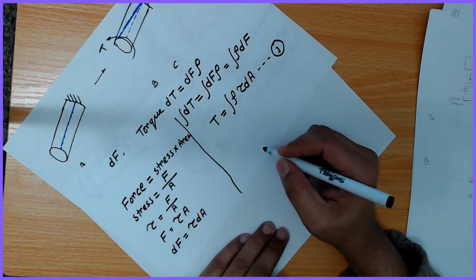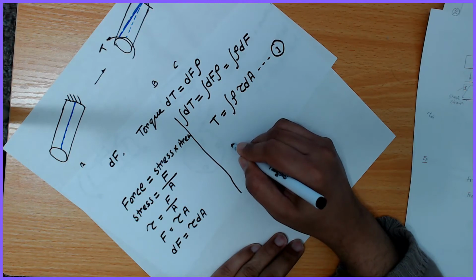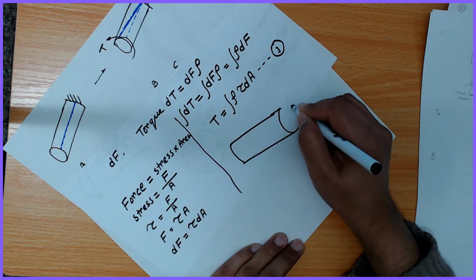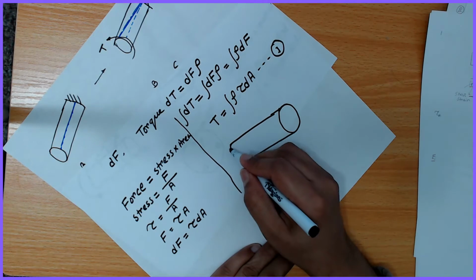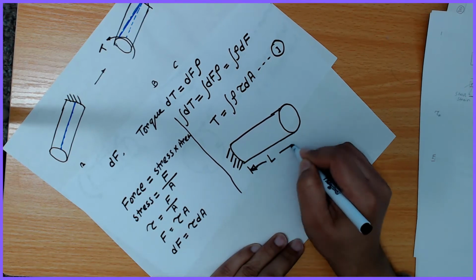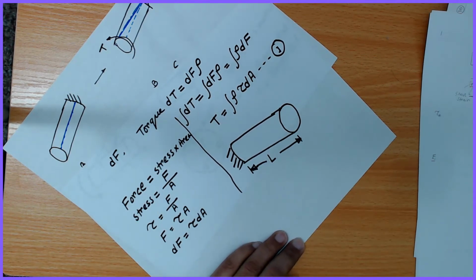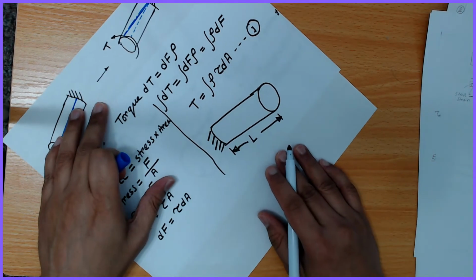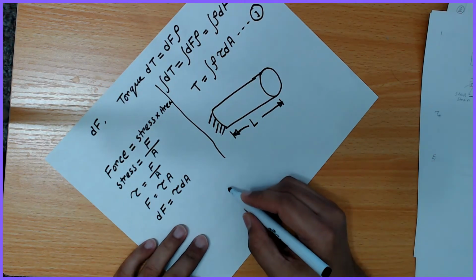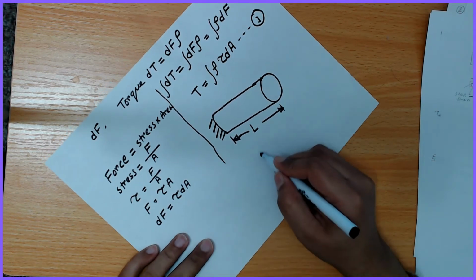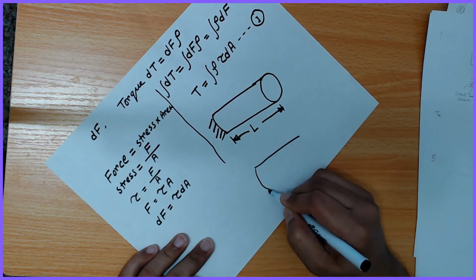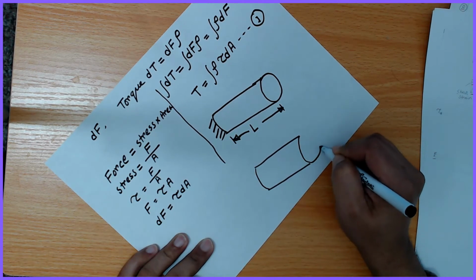Now let's consider a shaft which is fixed at one end and whose length is L, and this shaft is subject to a torsion.